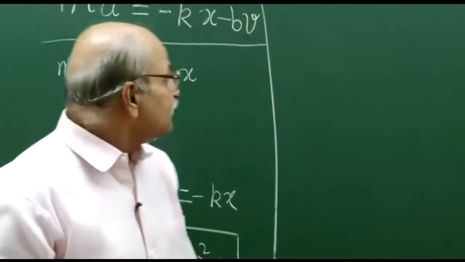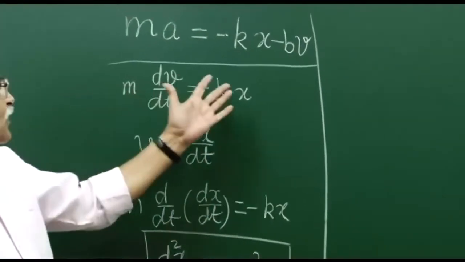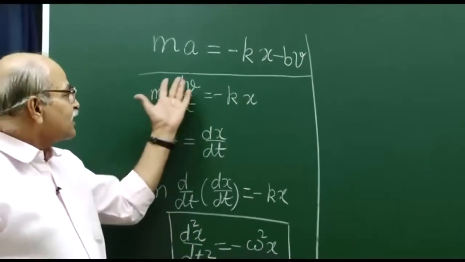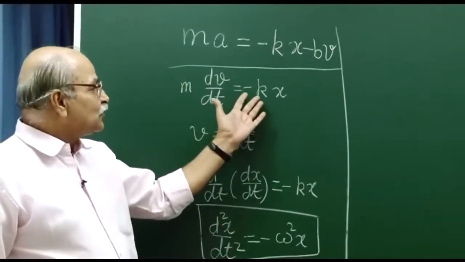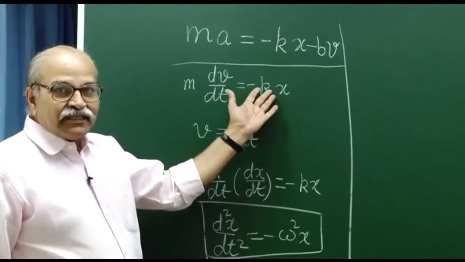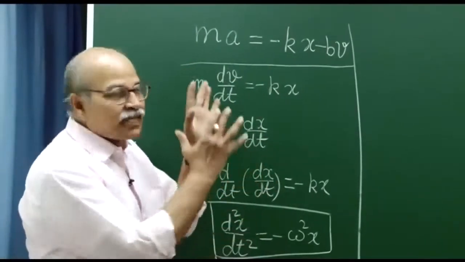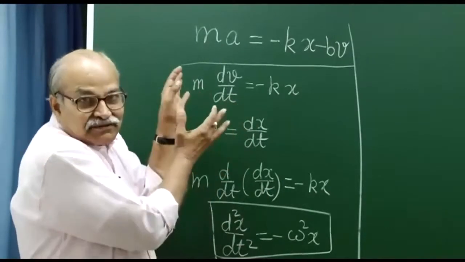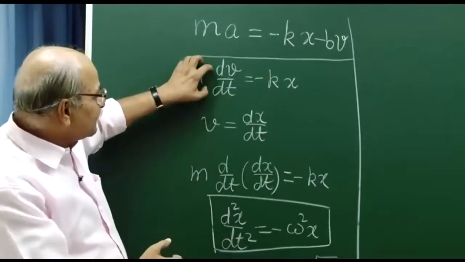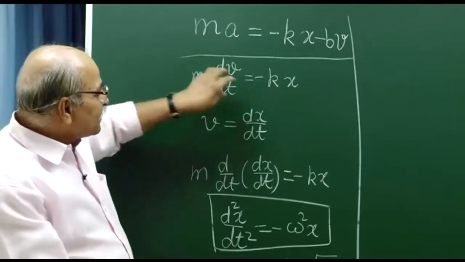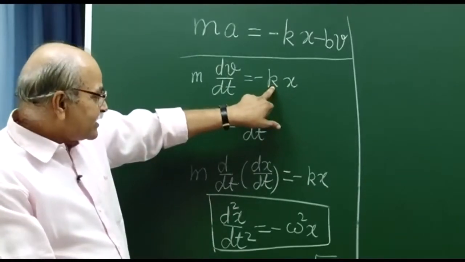The basic equation was mass times acceleration is equal to restoring force. It is not necessarily mass as such. In an oscillating system it could be moment of inertia or some other thing related to the system, and this is related to the force as I said earlier.